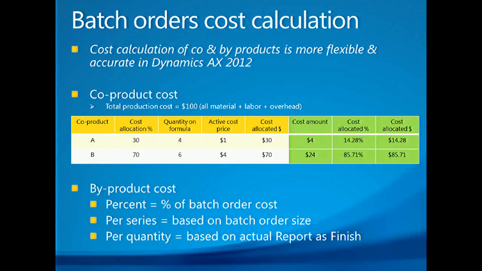It would look at the total production cost. Let's assume it's $100 of making whatever you're making out of this batch order. And then it'll say, okay, 30% of $100 is $30 and $70. That's what it'll calculate on the formula. Right? That's a simple calculation.